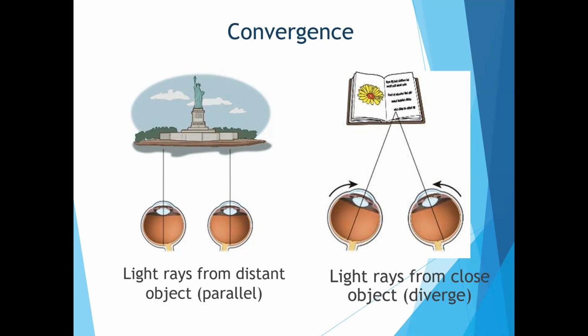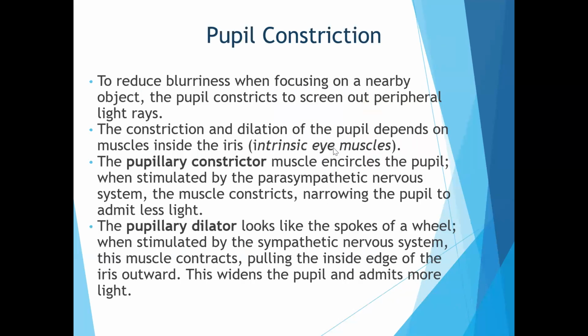So the eyes have to move inward to be able to get back on that visual axis. So convergence is the eye movement inward to attain our visual axis, and this happens when we are looking at something close to us.